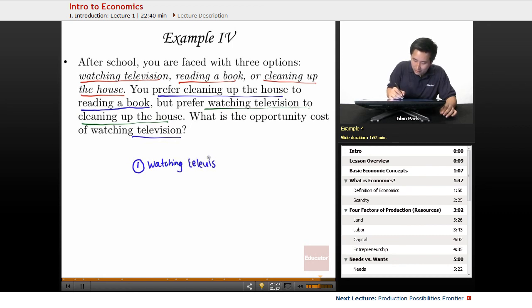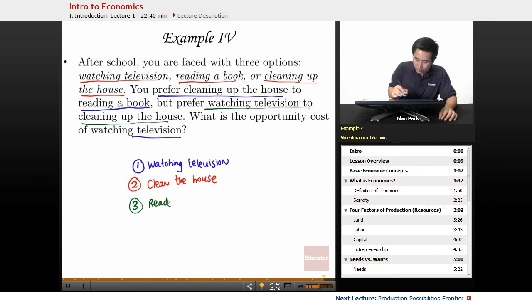The second thing that you prefer would be to clean the house. I'm sure a favorite activity of yours. And the third thing you'd want to do is read a book.